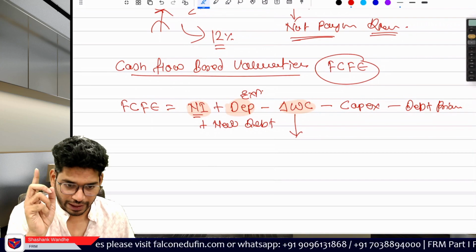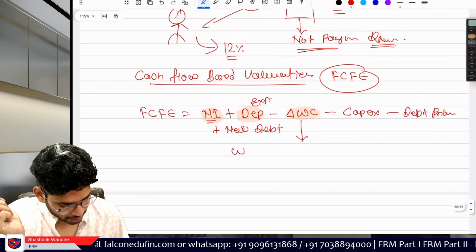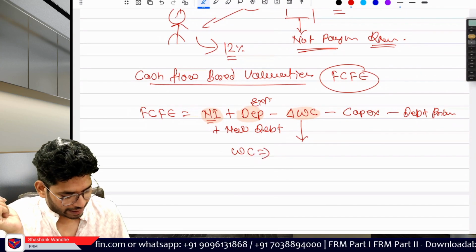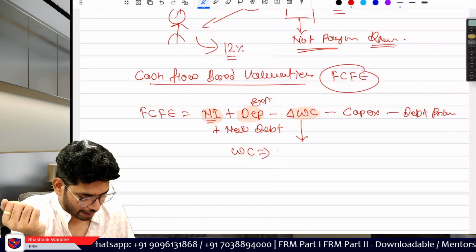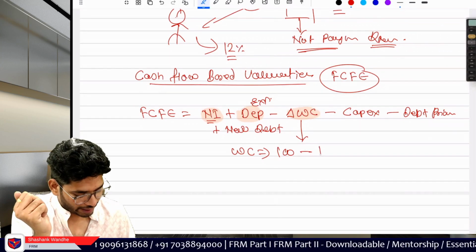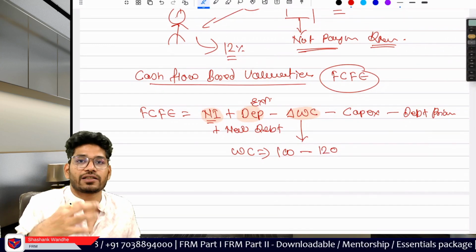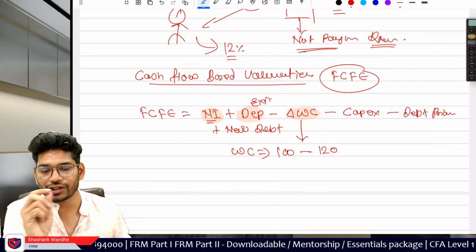Now understand a very important point. This is changes in working capital. Working capital is current asset minus current liability. So say working capital's opening balance, the previous year's closing balance or current year's opening balance, is say 100. And it increases to 120. So the working capital increase means investment in working capital, so this should be removed.